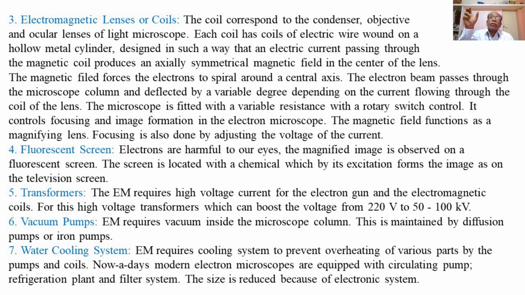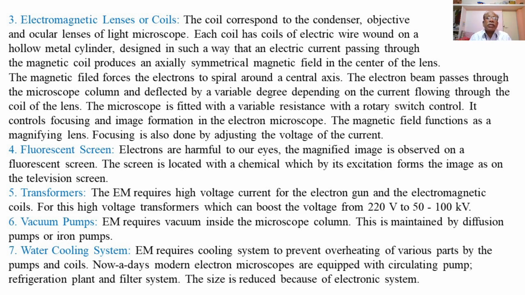the main tube or the body of the electron microscope on one side. So on one side of the electron microscope there is a fluorescent screen connected to it so as to observe the magnified image of the object.